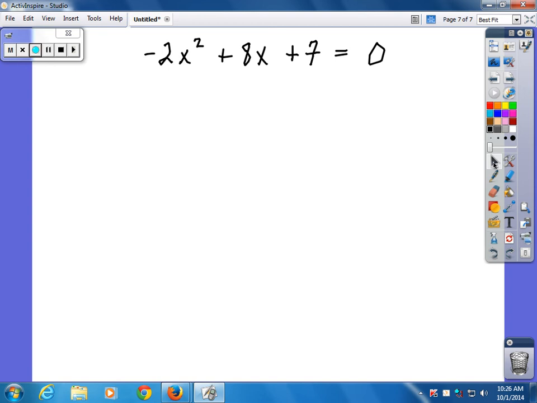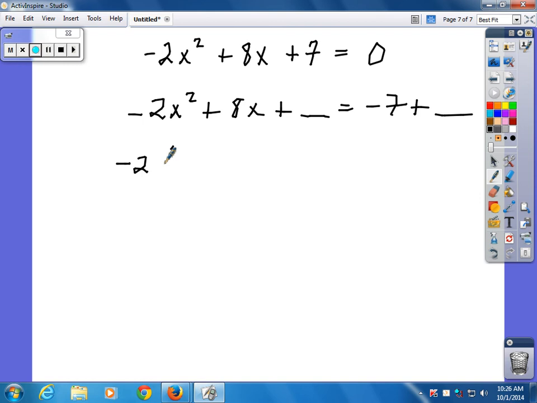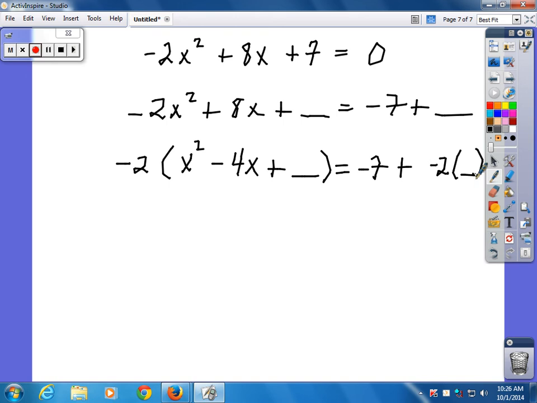All right, so negative 2x squared plus 8x plus blank is equal to negative 7 plus blank. Factor out a negative 2. Why do I want to factor out a negative 2? Because a needs to be what? Positive 1. x squared minus 4x plus blank is equal to negative 7 plus negative 2 times blank.